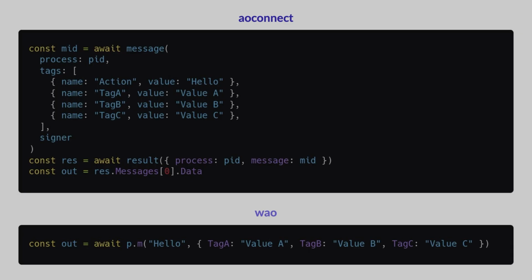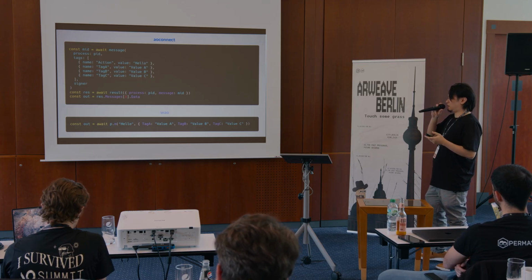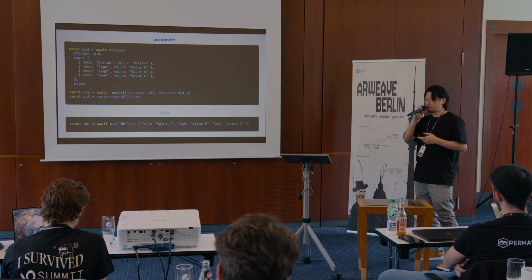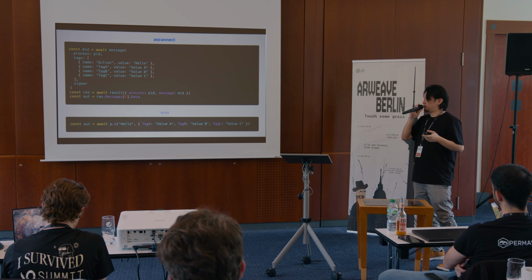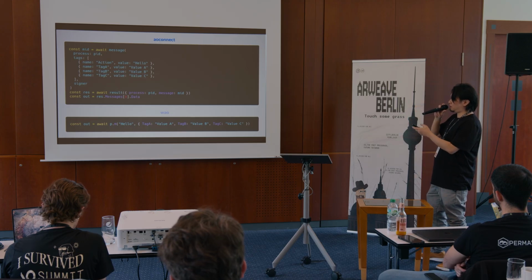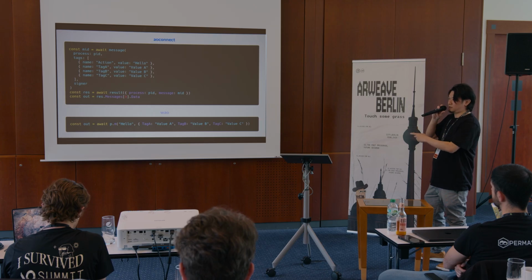To do this simple thing, you actually have to write so much code, and it's kind of verbose. So I thought maybe I could build a framework, like an SDK, to give you syntax sugar to make it very concise. If you write the same thing with the WOW SDK, it becomes just a one-liner.